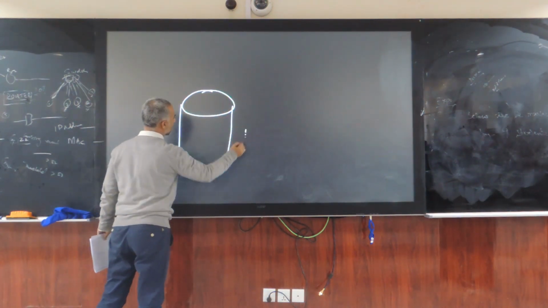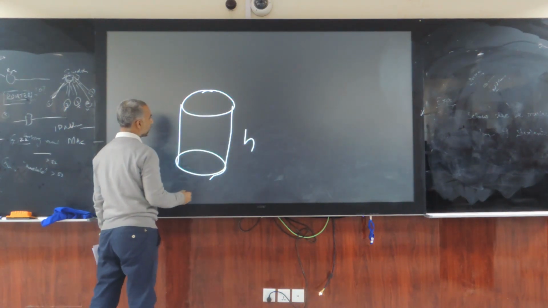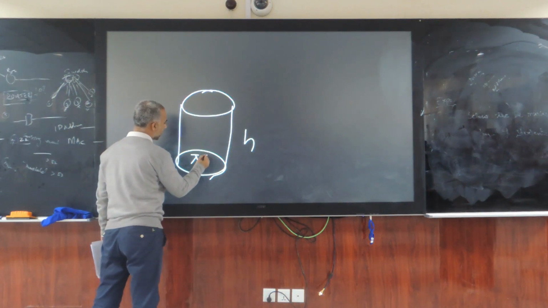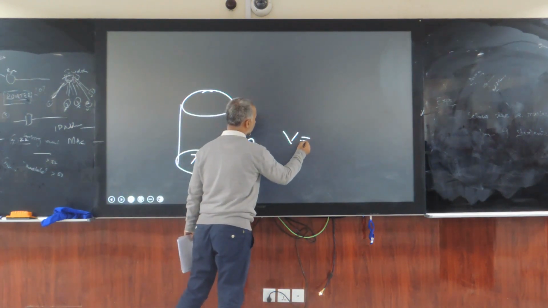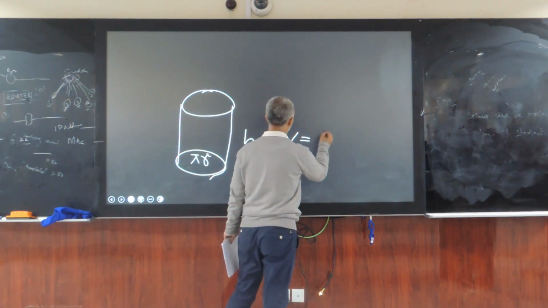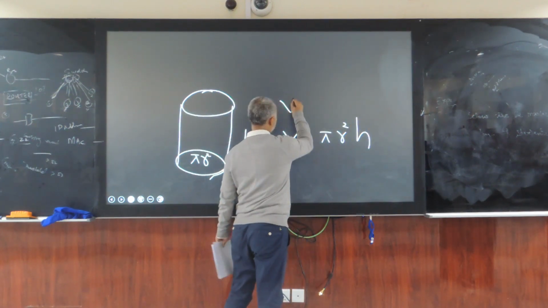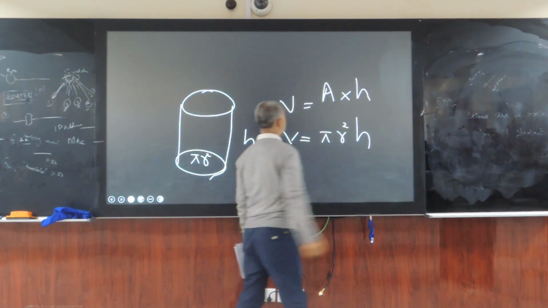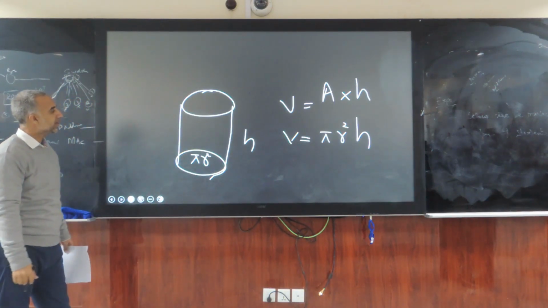Its height is h, and the base area is pi r square, and its volume, if the top side is open, becomes pi r square h, or base times height. Base is an area in terms of a circular region.